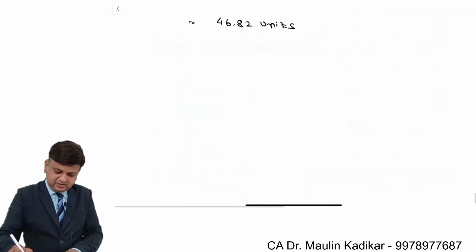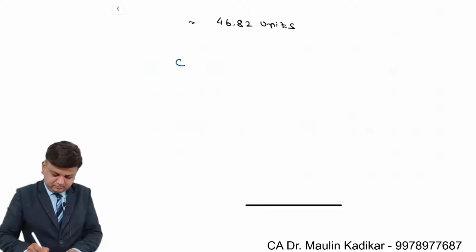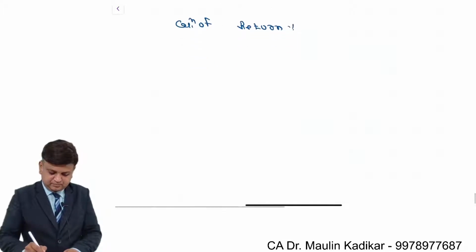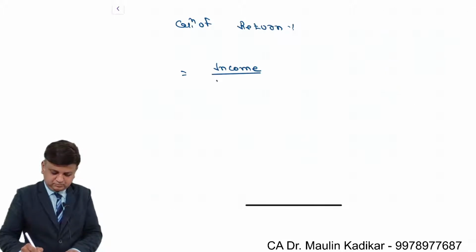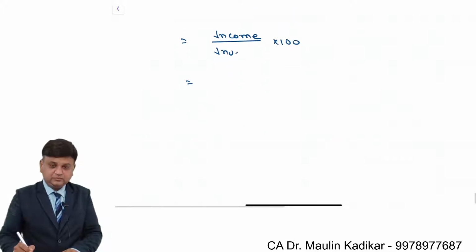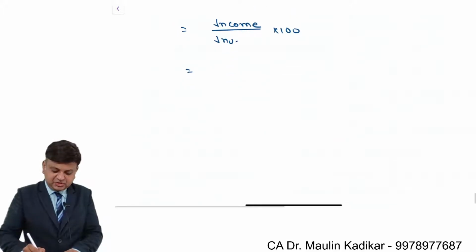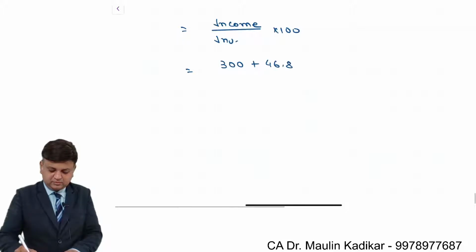Afterwards, it is very simple. Calculation of return. It will be income upon investment into 100. We understand that initially 300 units were allotted. Additional is 46.82.